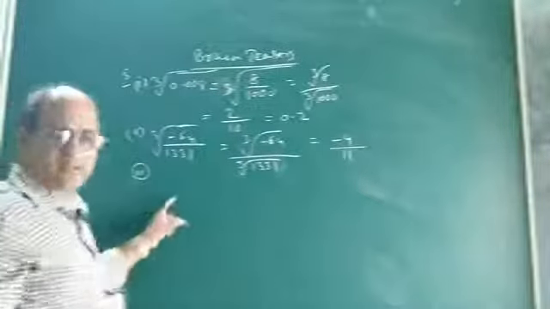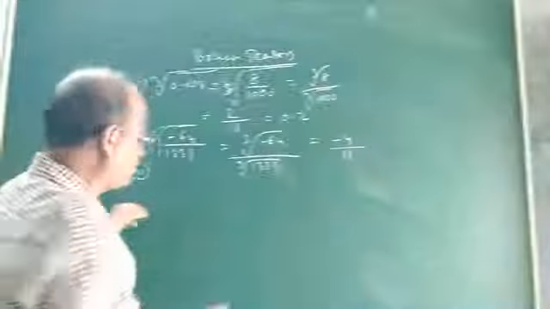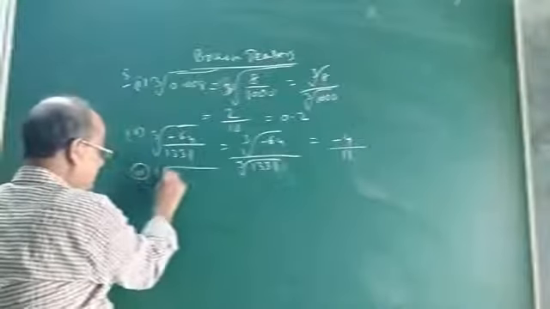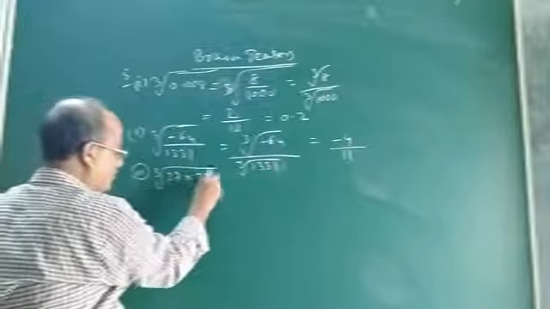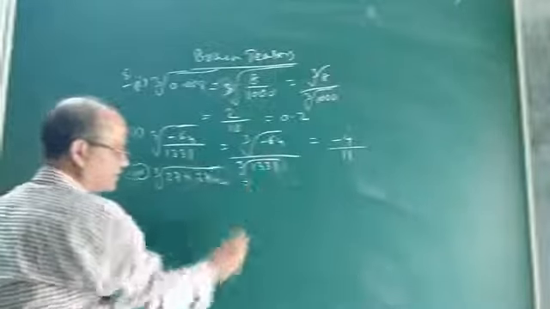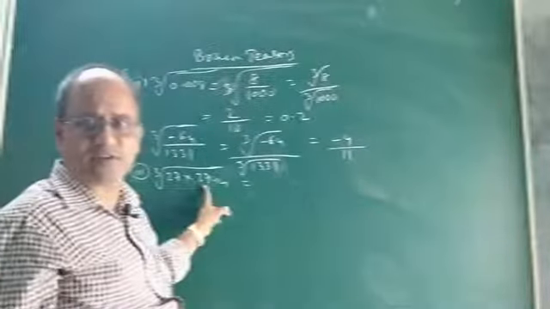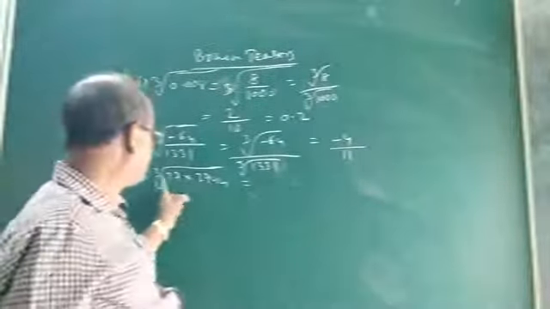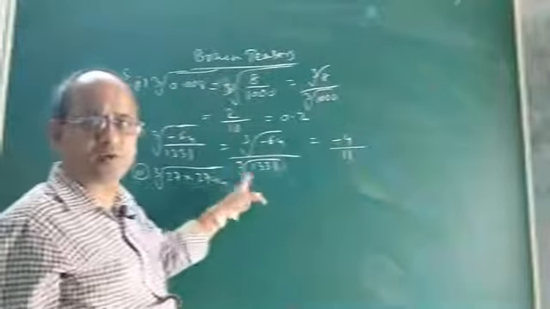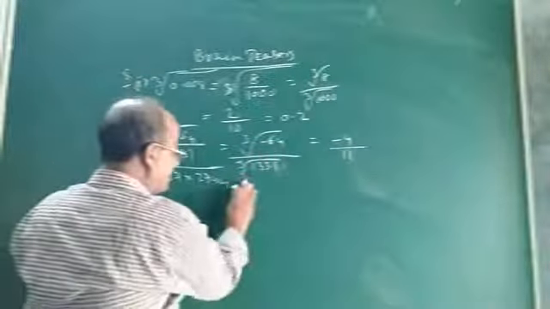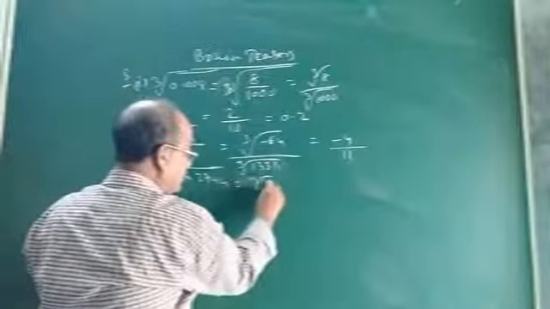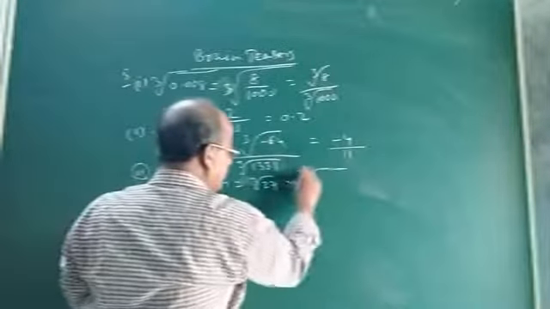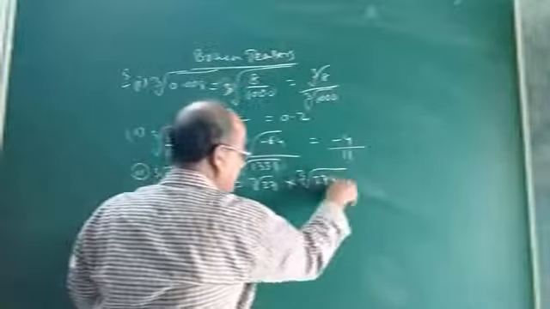Now let us discuss the third part. It is cube root of 27 into 2744. You see, this expression is in the form cube root of a into b, which is equal to cube root of a into cube root of b. That means it will be equal to cube root of 27 into cube root of 2744.